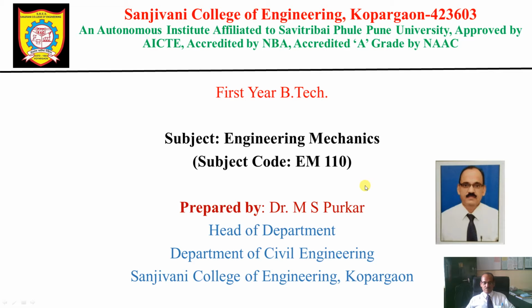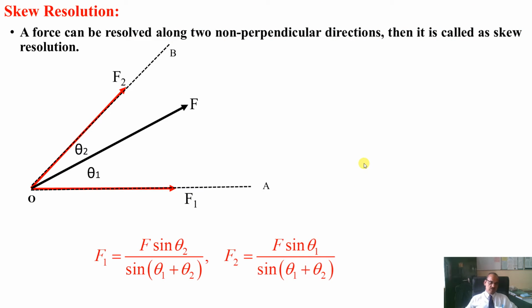Mechanics. As you know, in the last lecture we have discussed resolution of rectangular components. That means in the last lecture what we have seen is that the x-axis and y-axis were exactly perpendicular, that is 90 degrees.